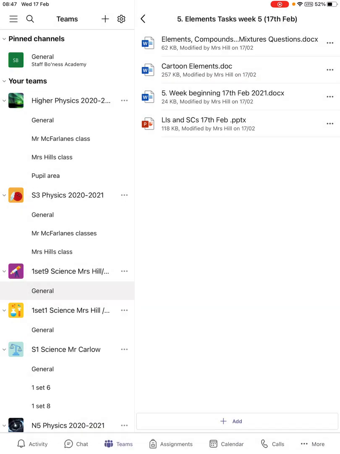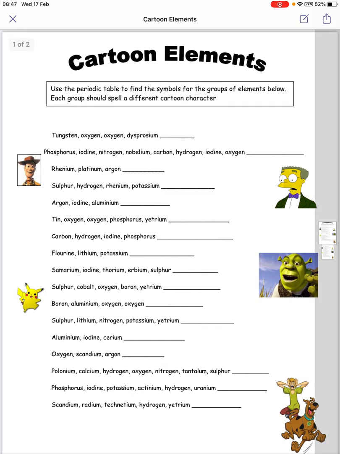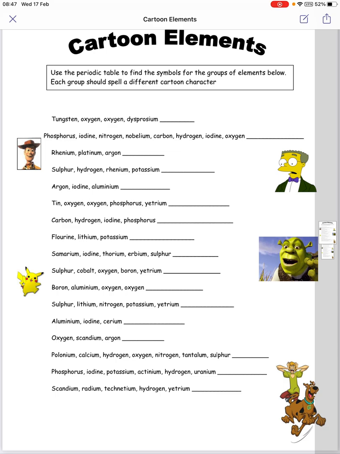The next thing I would like you to do, you don't need to submit as an assignment, but it's a wee bit of fun, again, just using your periodic table. I've got a sheet here on cartoon elements. What I would like you to do is to use the periodic table and find out the symbols for each of the elements, and when you put the symbols together, you will find that it will spell out a cartoon character.